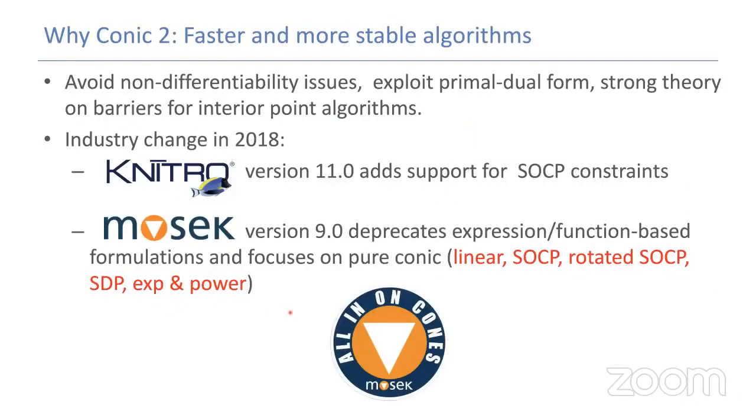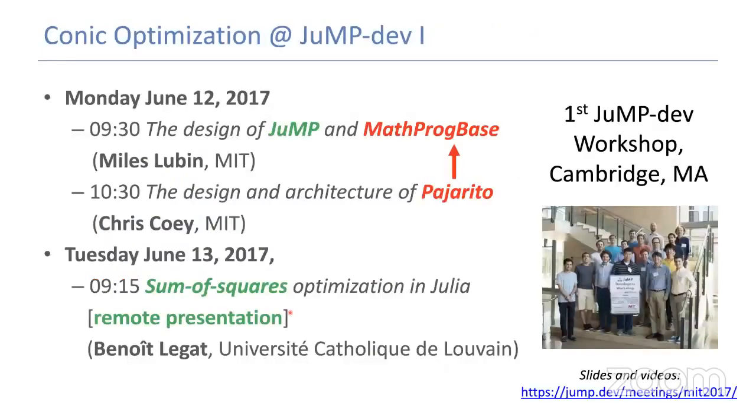This whole shift to conic has been very tied to the history of how JuMP has been evolving. At the first JuMP developers workshop we had in Cambridge, the first two talks were Miles telling us about JuMP and MathProgBase, which was the back end of JuMP at the time, and then Chris telling us how Pajarito uses and connects to MathProgBase to make everything work.